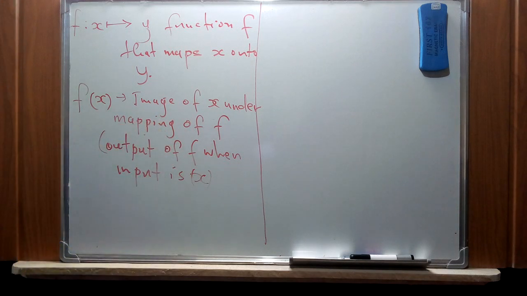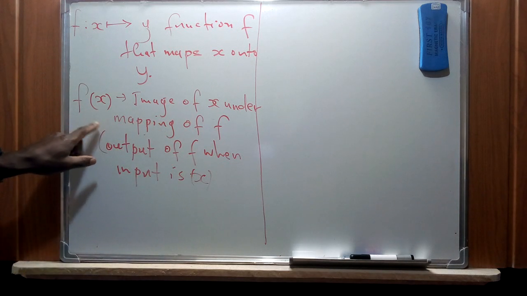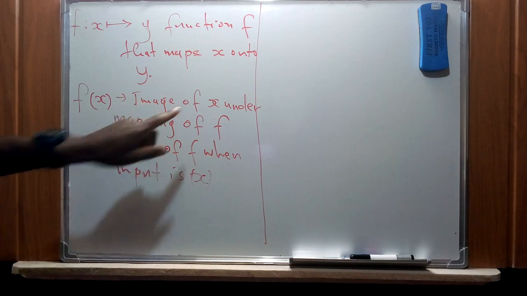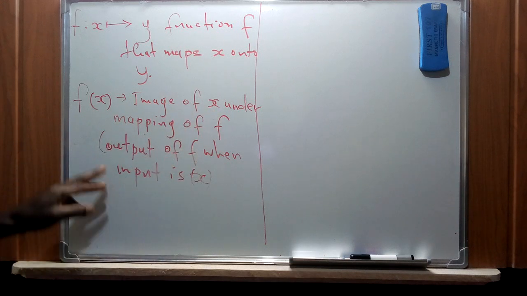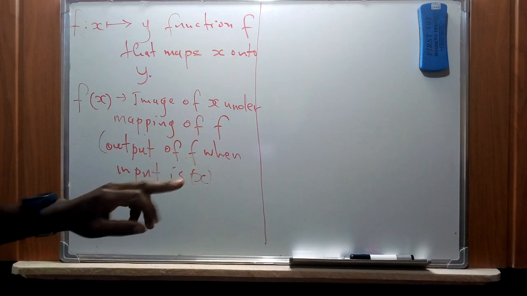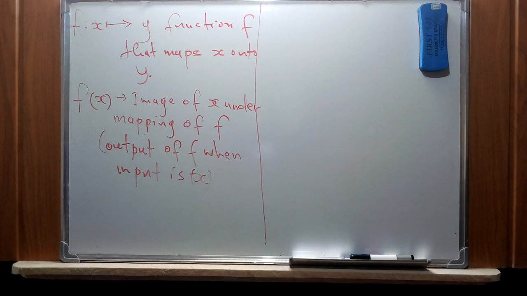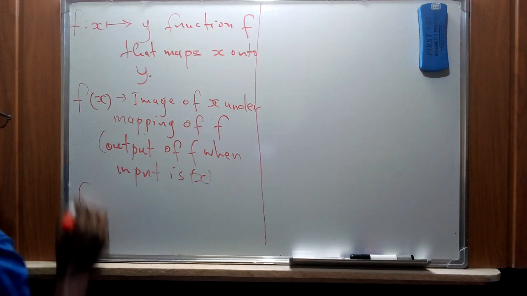But when we come across such a symbol in calculus, we shall know that it's an image of X under the mapping of F, or the output of F when the input is X. Of course, we're going to look at the concept of independent and dependent variables later in some of the units, which we are going to relate to this.